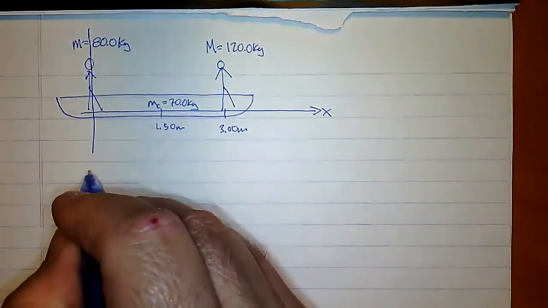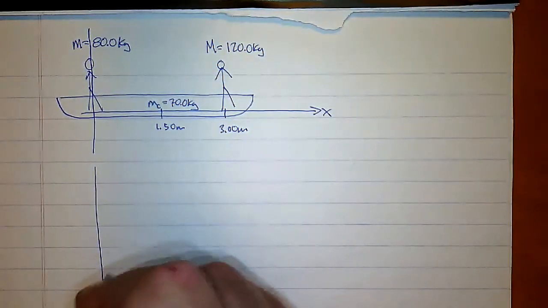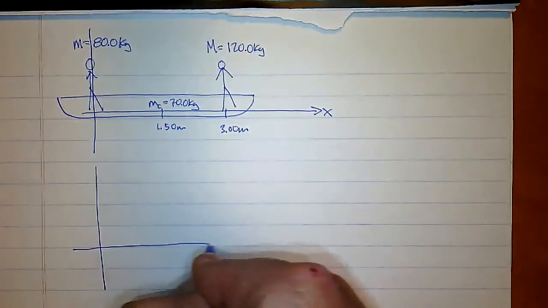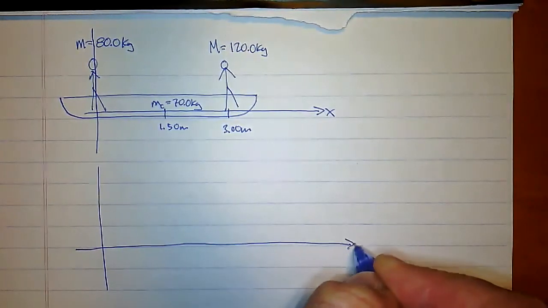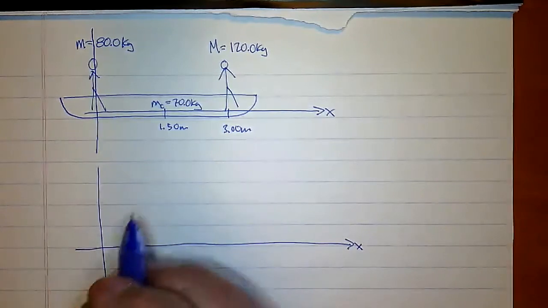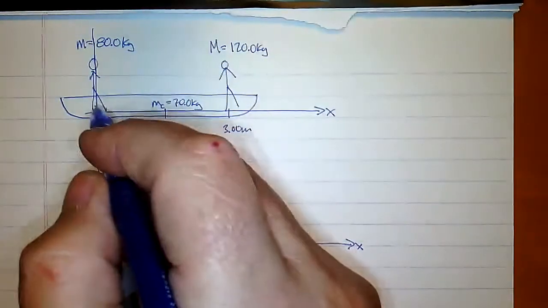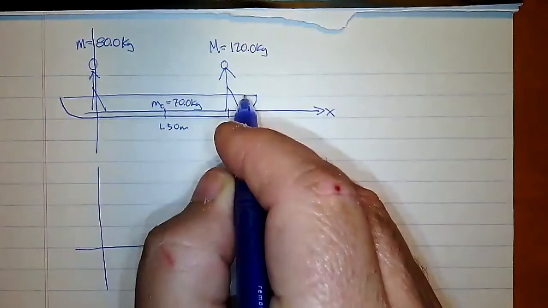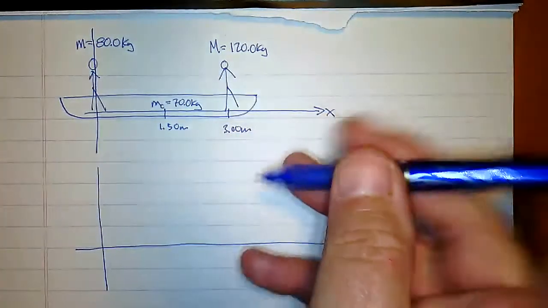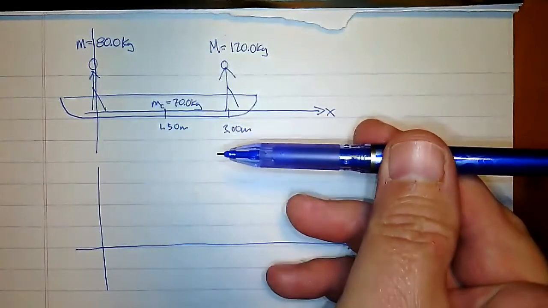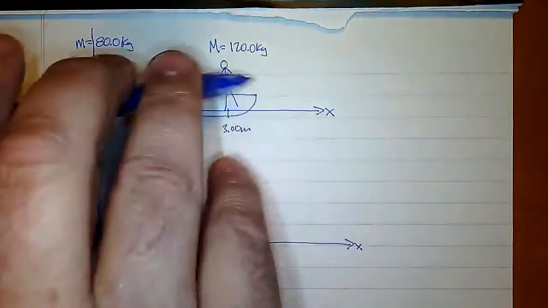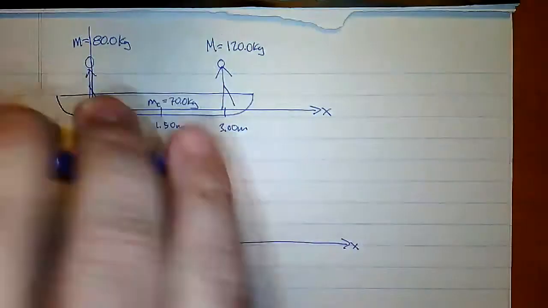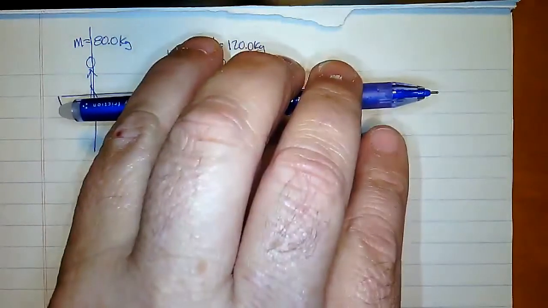So what I'll do is I'll draw another coordinate system directly below it, and I'll show the final product. And what I'm going to assume is since the 80 kilogram person is going to move this way, that's going to force the boat and the canoe to sort of move this way, but the 120 kilogram person moving this way is going to force the boat and canoe to move that way.